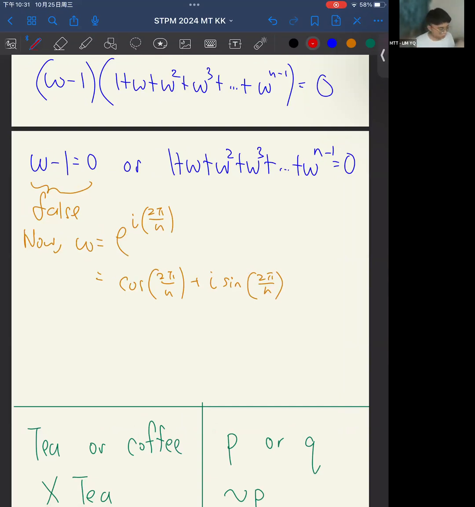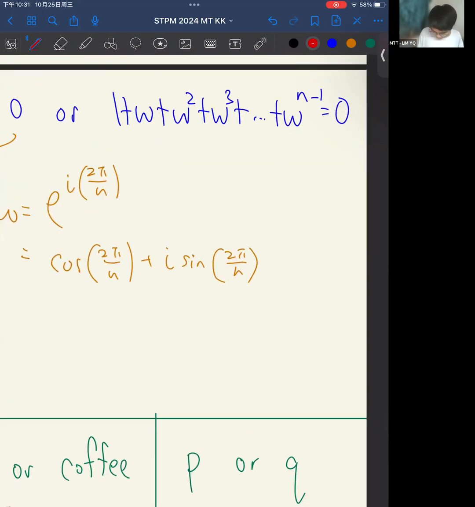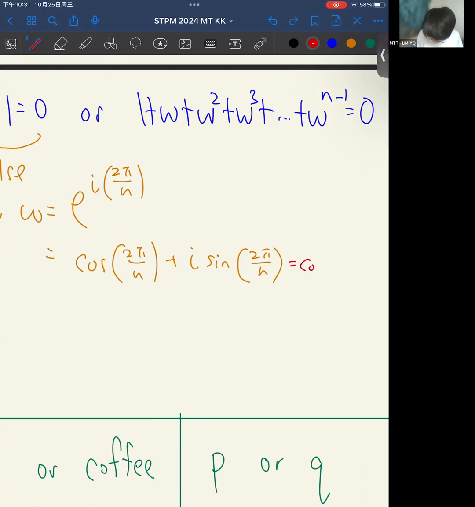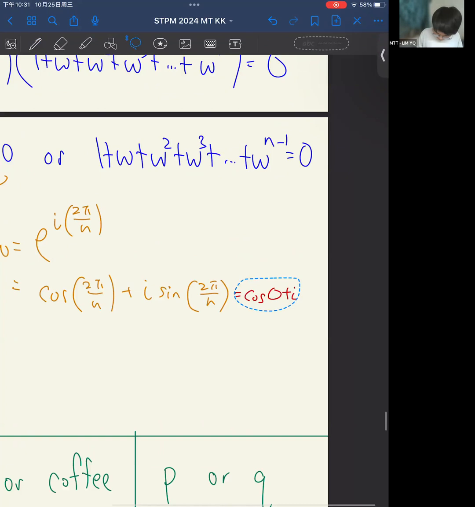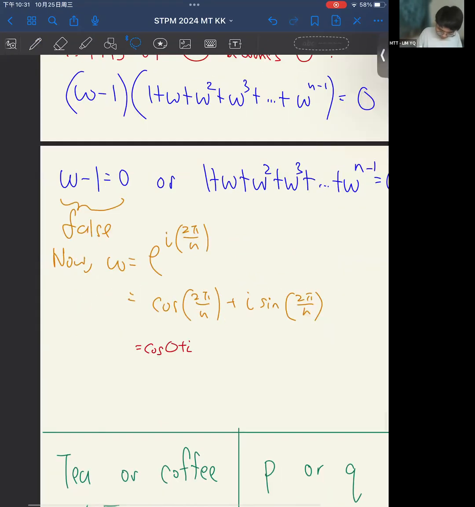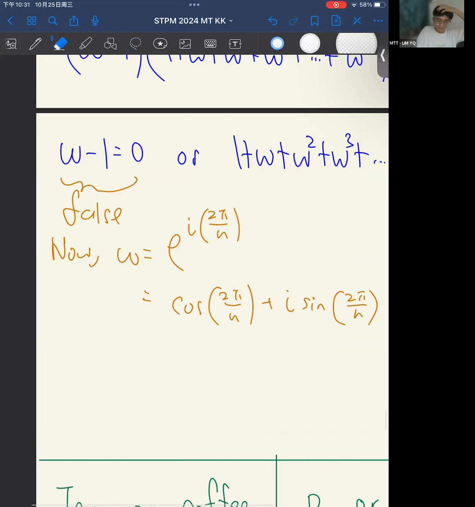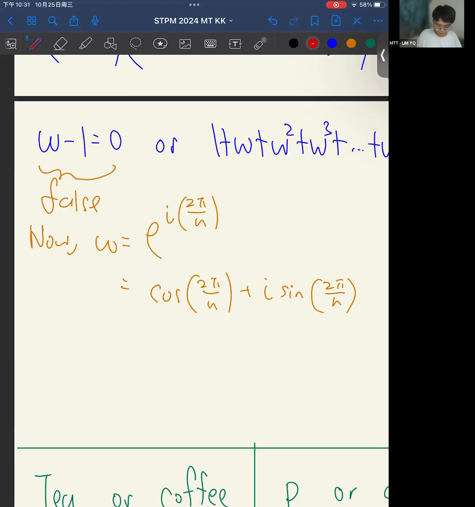You want to show that it is not equal to 1. It can only be equal to 1 if this one equals cos 0 plus i sin 0, right? Wait, let me think of what is the better way to write. For your standard, I think the better way to write may be like this: to prove it's false.